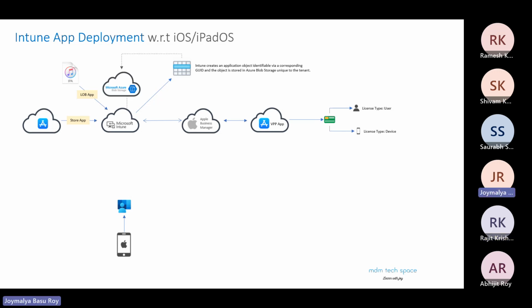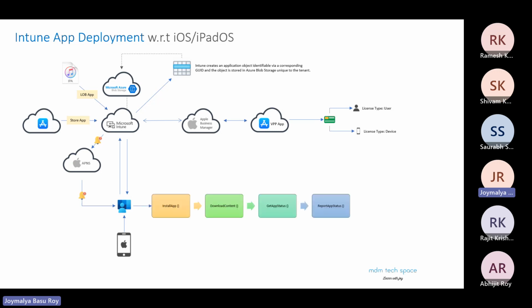Okay, so it comes in here, Azure Blob Storage, and from there, as I said, Intune will need the APNS service to communicate with the device. APNS will send the push notification to the device, which is basically to the Company Portal app. Company Portal will go to Microsoft Intune and get the application back. Once it gets it back, it installs the application in four phases.